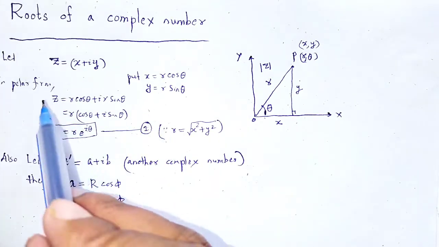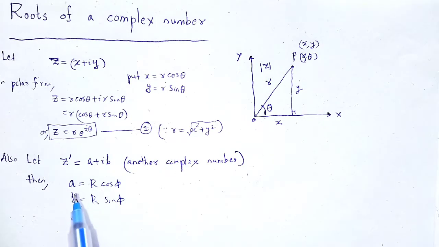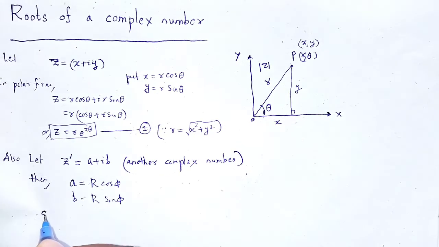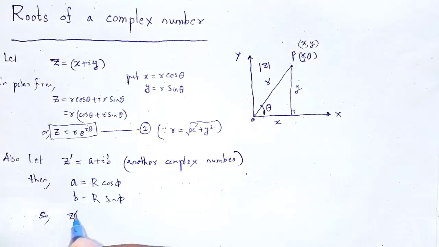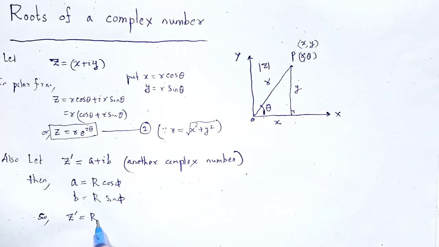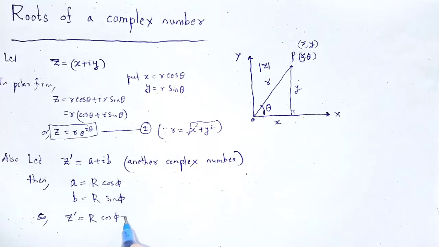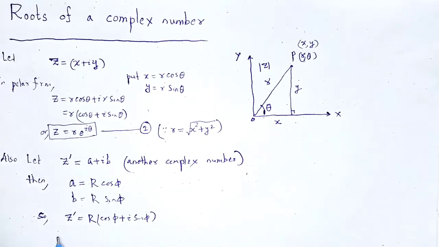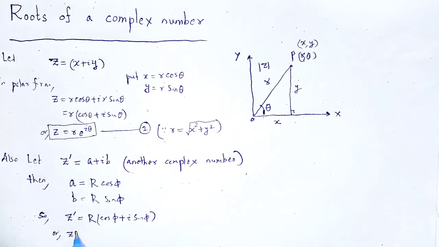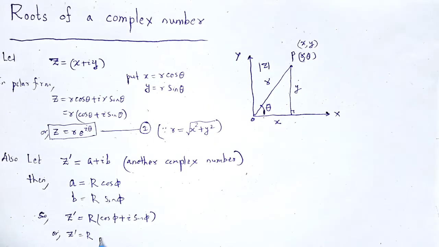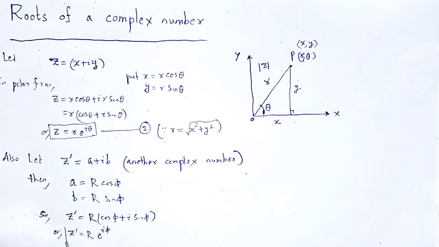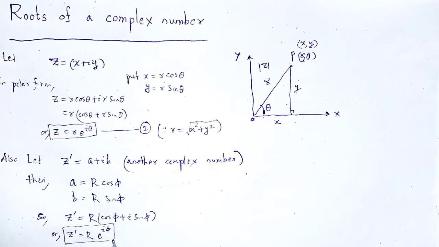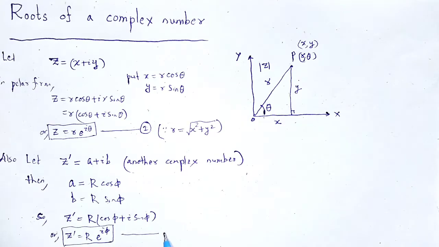As we convert that to polar form, we substitute a is equal to r cos phi and b is equal to r sin phi. So z dash changes to r of cos phi plus i sin phi. Therefore, z dash is equal to r e to the power i phi. Point it out as equation number 2.